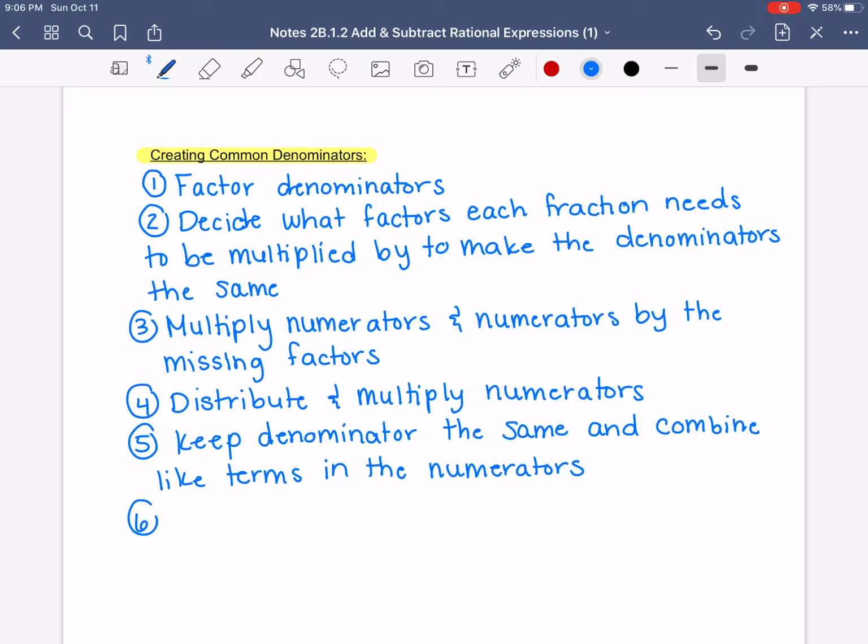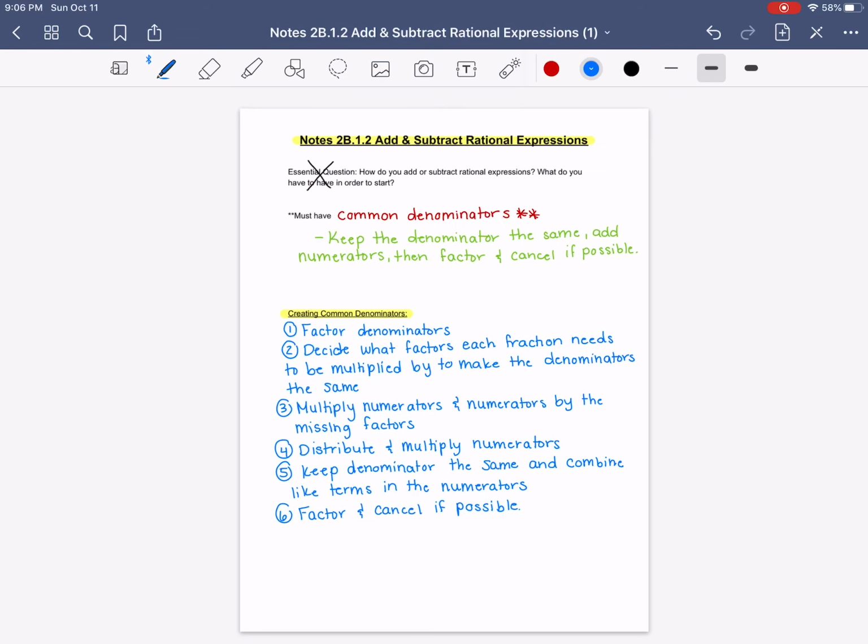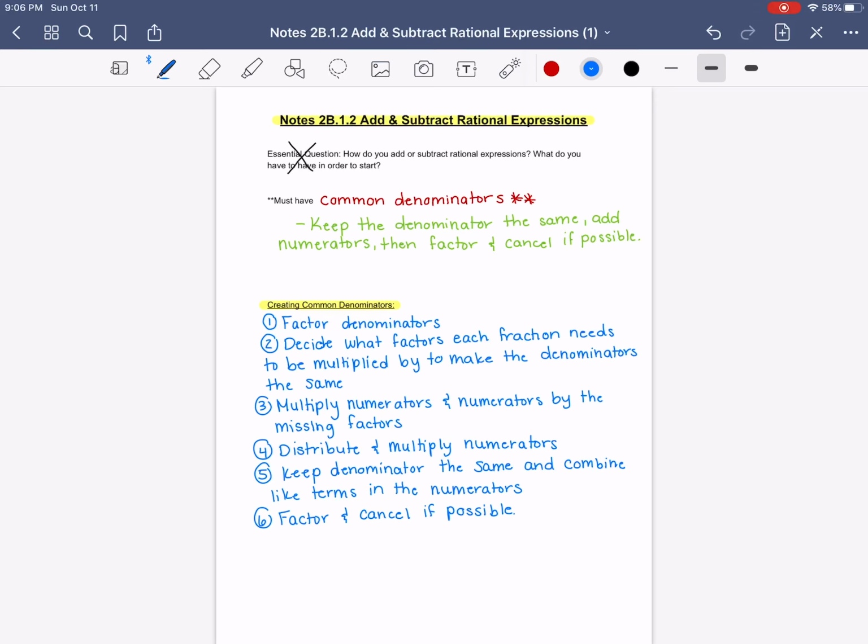The last step is to factor and cancel if possible. So this is what we're going to take one picture of for our digital notebook. We are also going to do the invalid values and everything, but I'm not going to write it down again.